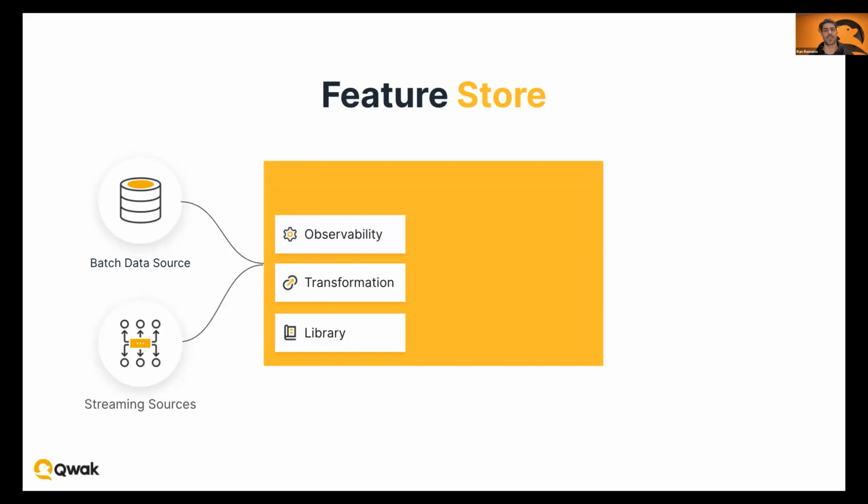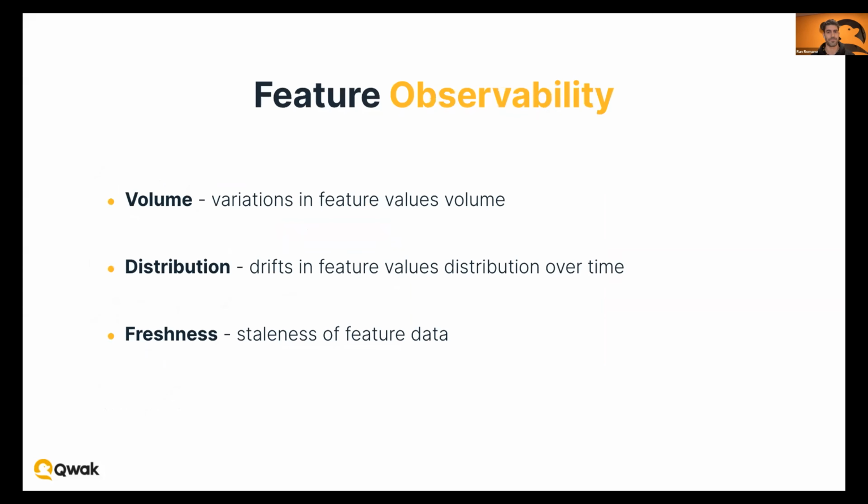And the third layer is observability. Data observability is a very hot topic in the data engineering world, and for very good reasons. And in this context, the observability layer enables getting a snapshot of the health of the feature pipeline, for example, by creating alerts that notify on significant data changes, which can be expressed in a few very interesting places.